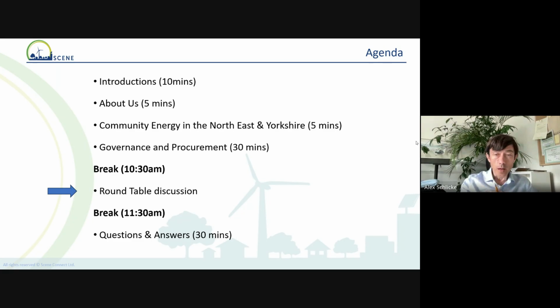But the actual client effectively was the steering group, a subgroup of the community council. The community council needed to sign off on the grant offer agreement, but the day-to-day running of the project was delivered by that steering group.